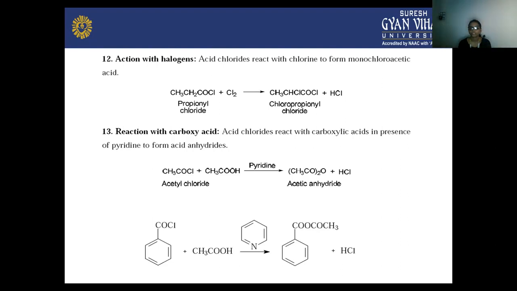So this is CH3CH2COCl plus Cl2, and there is a formation of CH3CHClCOCl. So this is your chloropropanoyl chloride.